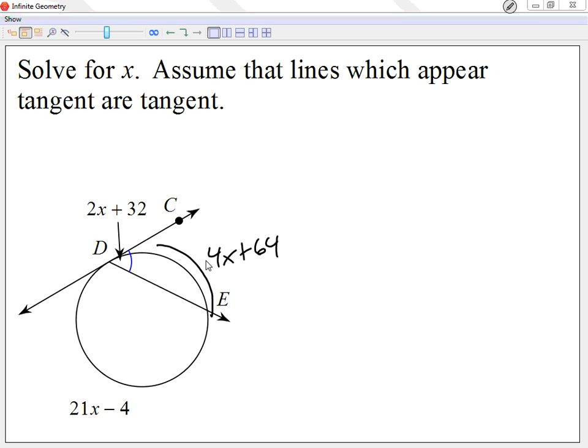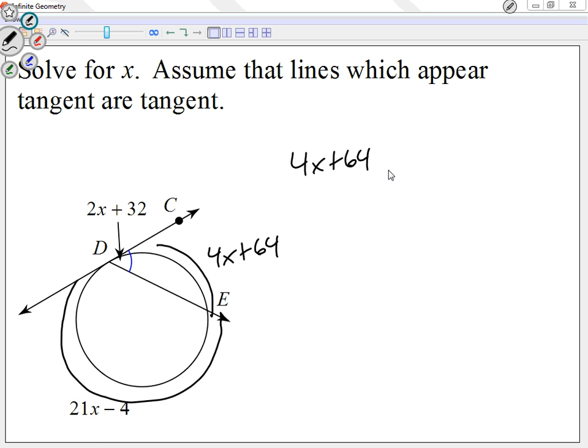Once again, I multiply the angle by 2. You notice this arc and this other arc complete a circle. So I'm just going to add everything. 4x plus 64, because that's the little arc, plus 21x minus 4. This case is equal to 360 because I'm talking about the whole circle.